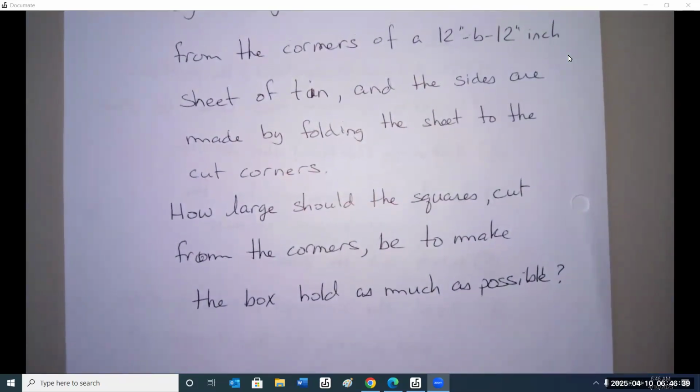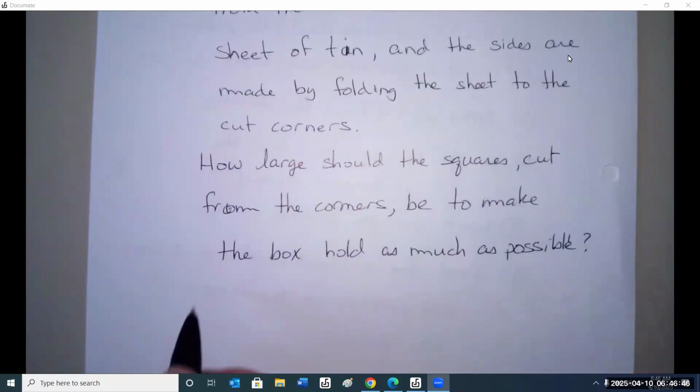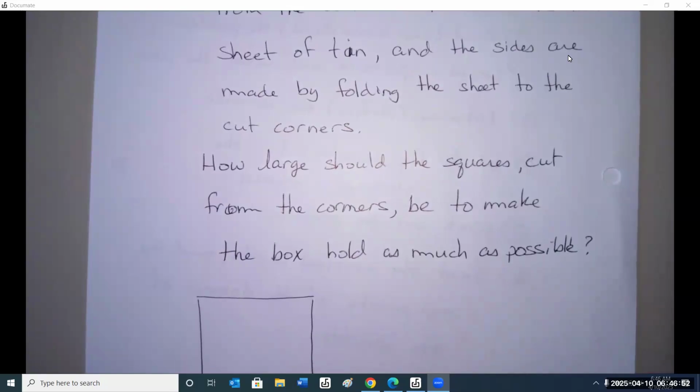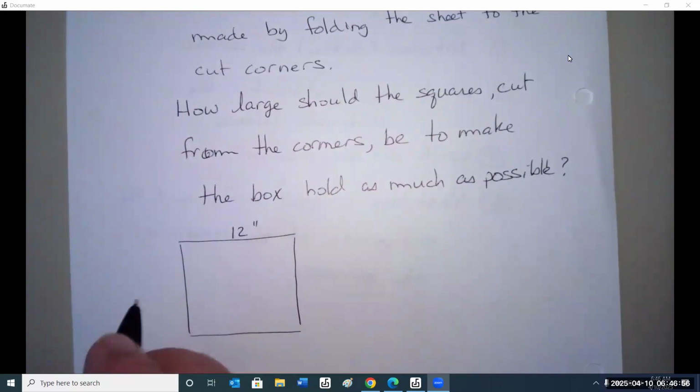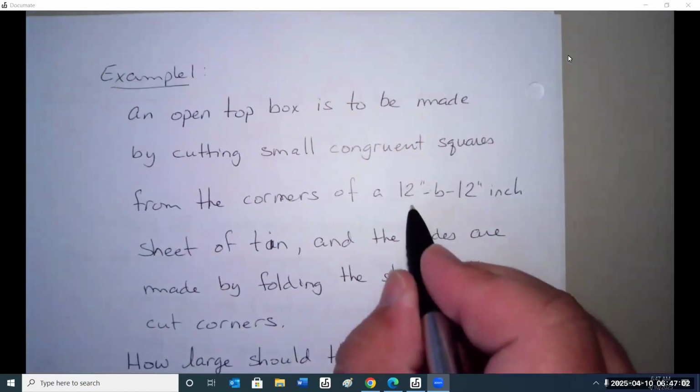All right, so let's see what this is telling us. So what information is it giving us? Well, we have a 12 by 12 inch sheet of tin. That means it's a square. You got 12 inches here, and you got 12 inches here. Right, so that's what this part tells us.